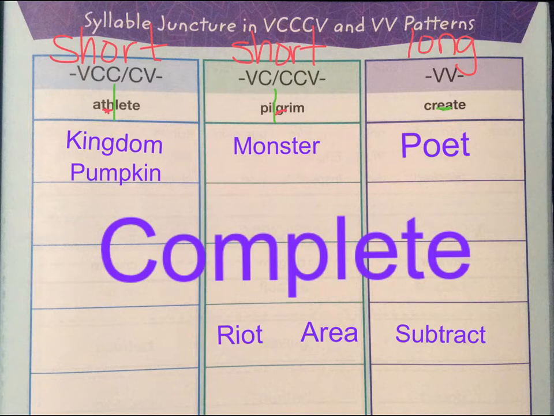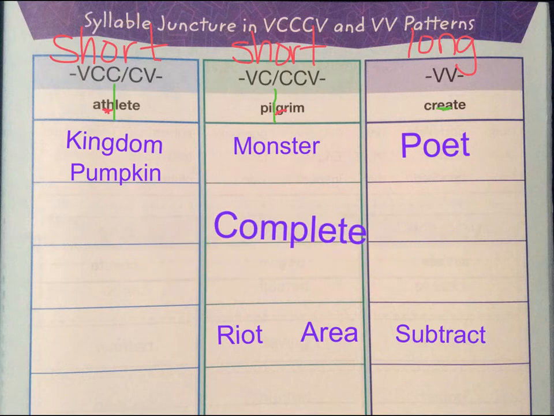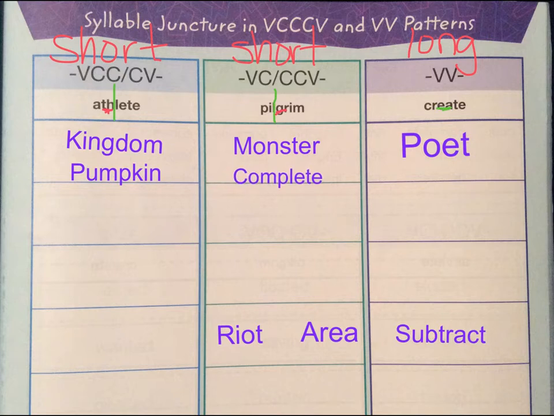So complete is separated between the M and the PL. PL is another blend sound. So that blend sound comes in the second syllable. So where would complete go? If you said the second column, you are correct. Complete goes here in the second column.